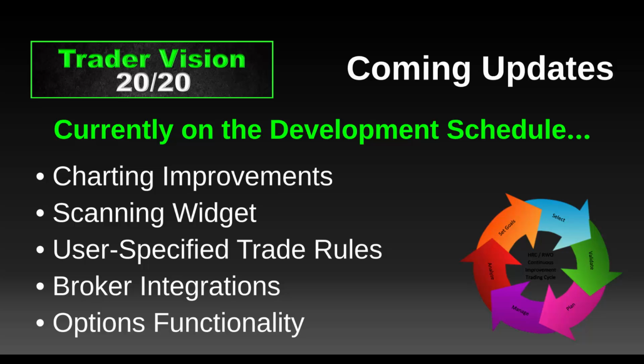Some of the others are simply not interested in integrating with other applications, and those ones, I don't know, Fidelity and those types of brokerages, there's nothing we can do for you in that case. And then, of course, a whole raft of option-specific functionality that we need to add to options enable Trader Vision. And so that's what's on the development schedule.